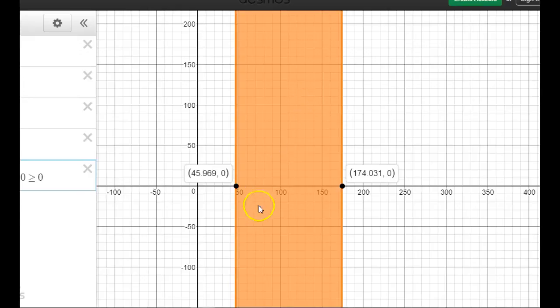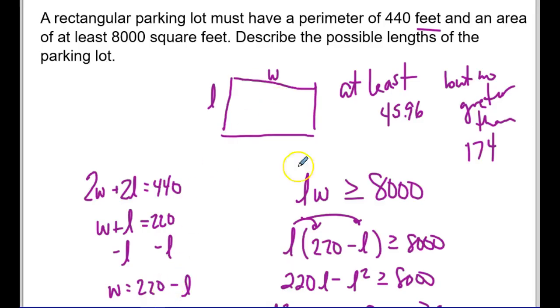Because when I'm shading in between, this tells me all of the possibilities that work, that fit exactly the perimeter that I needed and that fall within the area. So anything in here. I want to tell the least and the greatest. So I did this using my word problem as well.